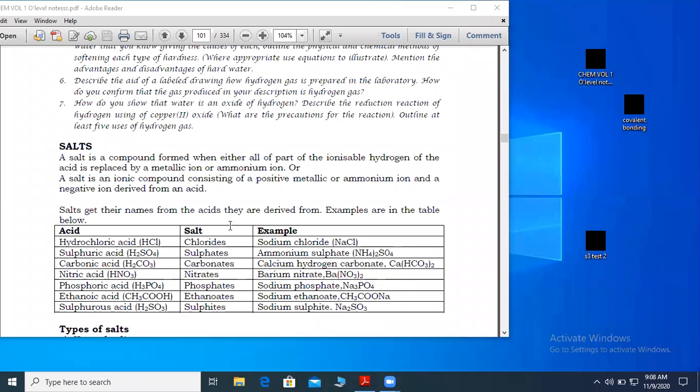I told you that today we shall be doing a review of the work that we have studied as we prepare for the test. Like the test this time will again start from our work on salts.